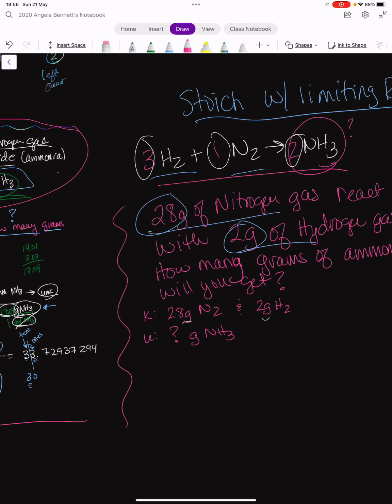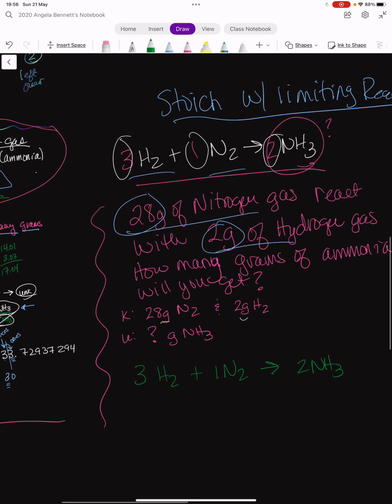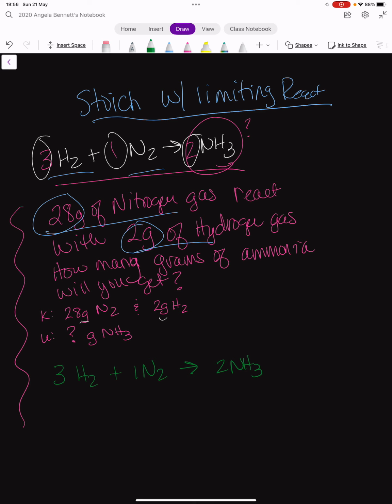Okay, so what I'm going to do really quick down here at the bottom is rewrite my equation because I want to work with it while we're solving the problem. And then over here on the side, I am going to calculate my moles real fast.